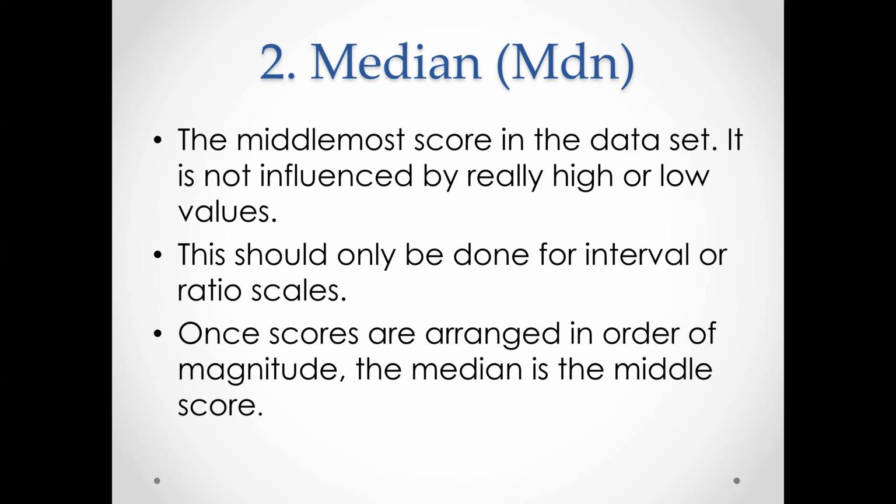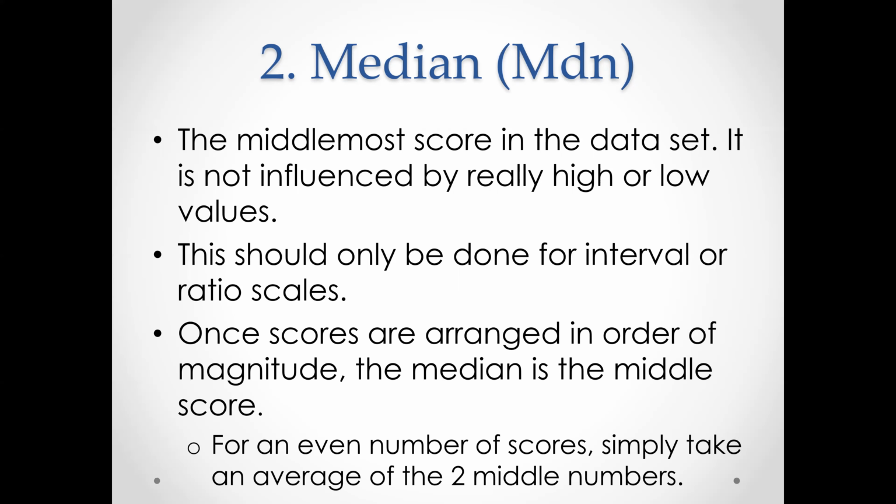Once you have your data, you need to rearrange them in order of magnitude. Magnitude is the strength. So, for example, you can order it from lowest to highest number or from highest to lowest number. And the median score is the middle score or the middle value. And one more thing.